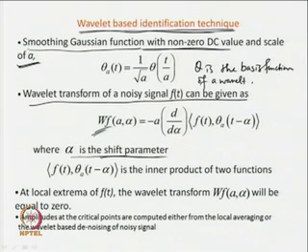Alpha is a shift parameter. Then the wavelet transform can be given by the expression W f A alpha is equal to minus A times first order differentiation with respect to the shift parameter of the inner product of the function and the basis function.